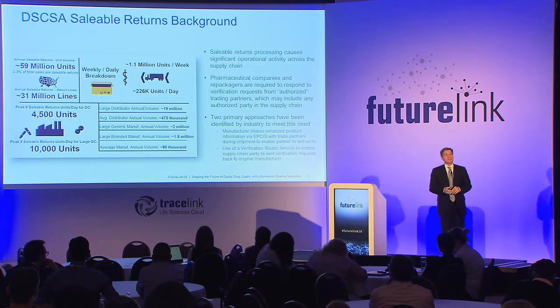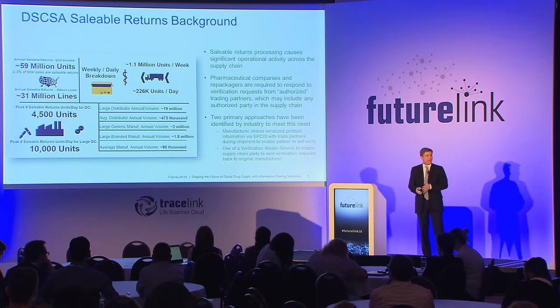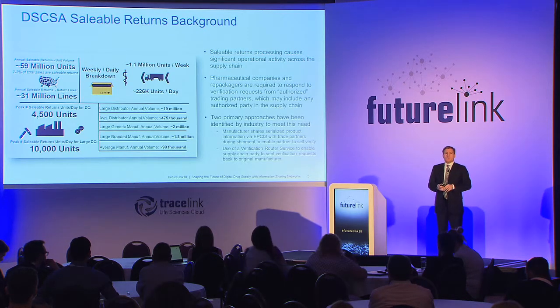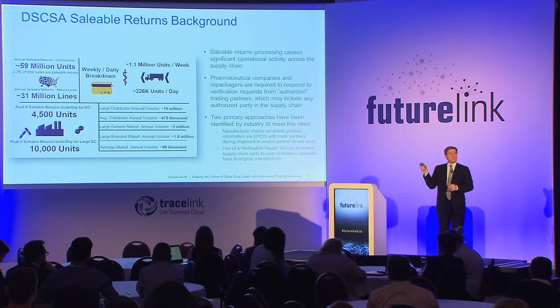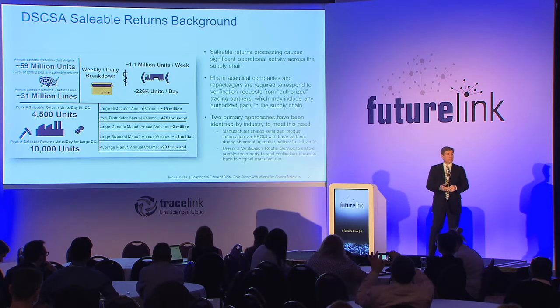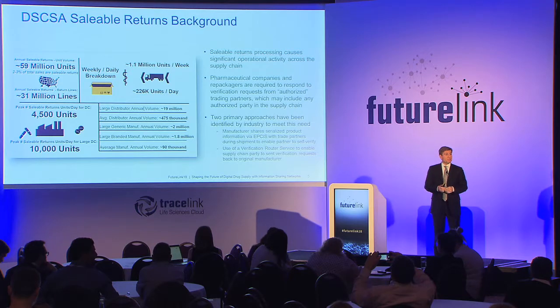Which means in 2019, because that's the deadline that wholesalers have on the previous chart for verifying the product identifier for saleable returns, 59 million units need to be scanned and have that information verified, perhaps back to the manufacturer.